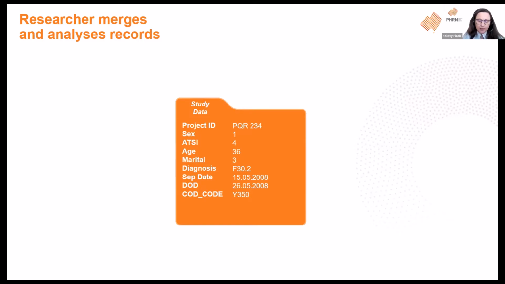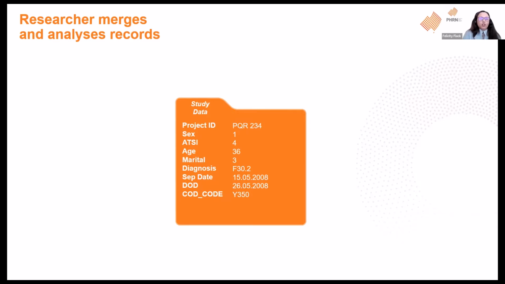Sometimes that data is only provided at the, say, health department's secure access environment, so the researchers have to come in remotely into the health department's secure access environment. And sometimes the data is provided in other secure research environments, such as the unified secure research environment that the PHRN has developed over many years.